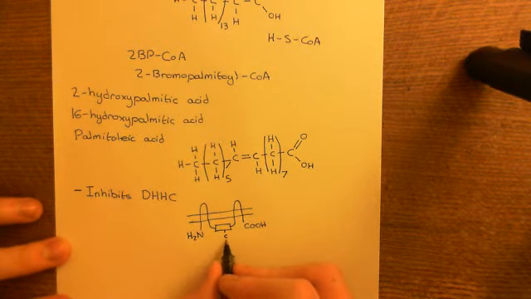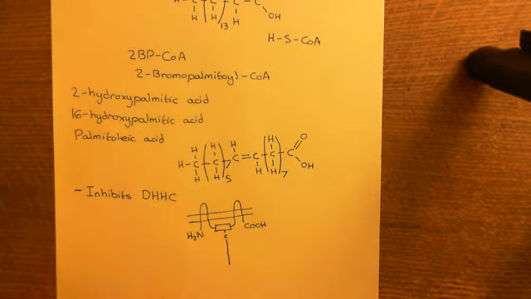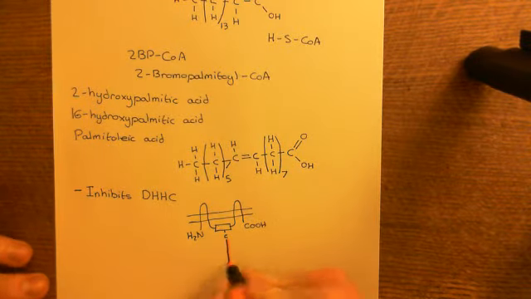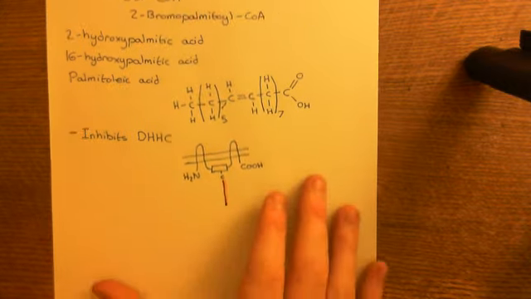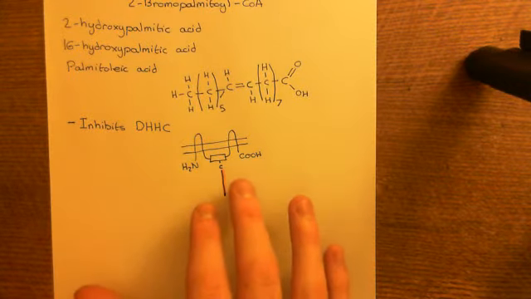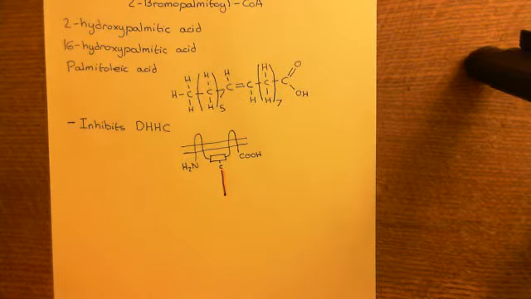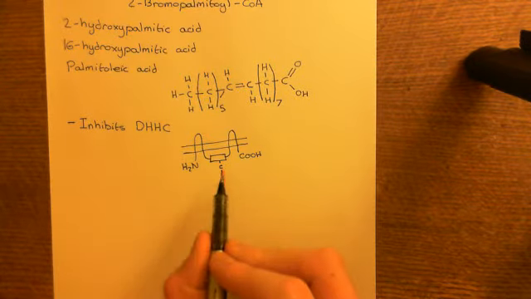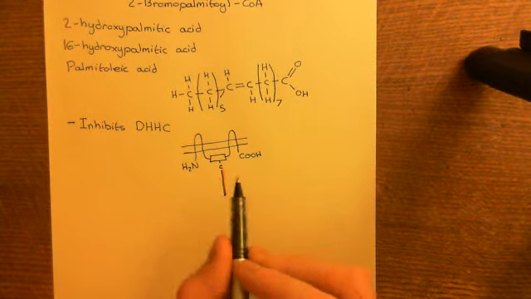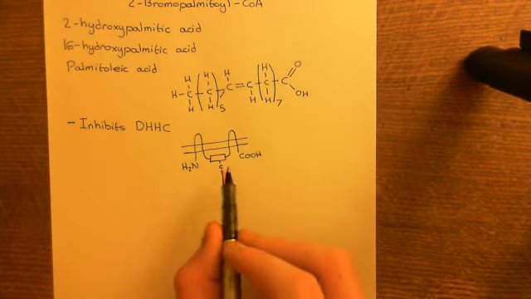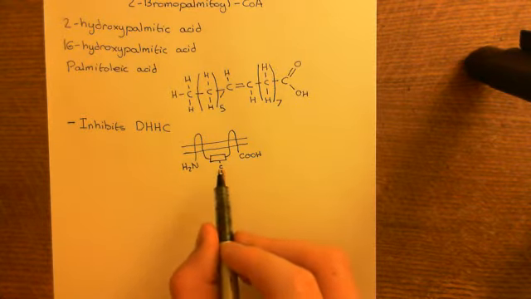What will happen is the 2-bromopalmitic acid will add on to there just like it's supposed to, just like a normal palmitic acid molecule, but then the thoughts are that unlike the palmitic acid molecules which are then transferred on, it can't be transferred on, so it gets stuck on there, and once it's stuck on there, there's no way this enzyme can catalyze the palmitoylation anymore, and therefore you have inhibited the enzyme.